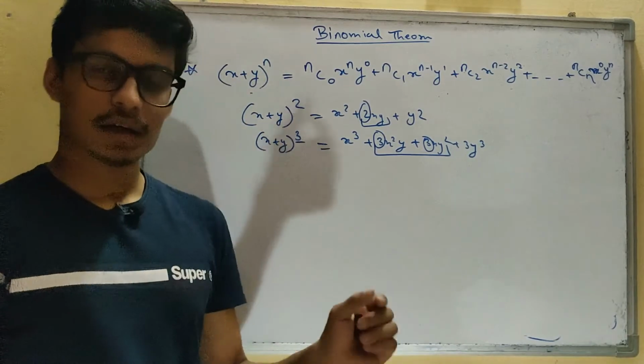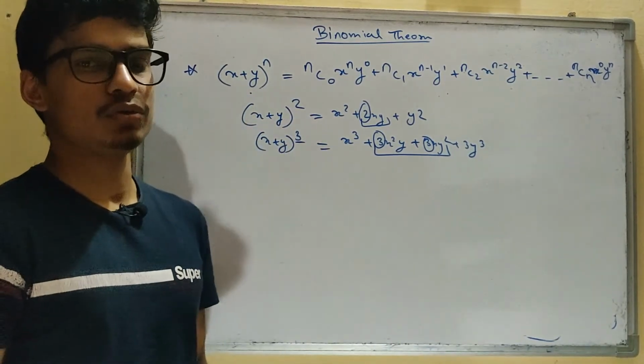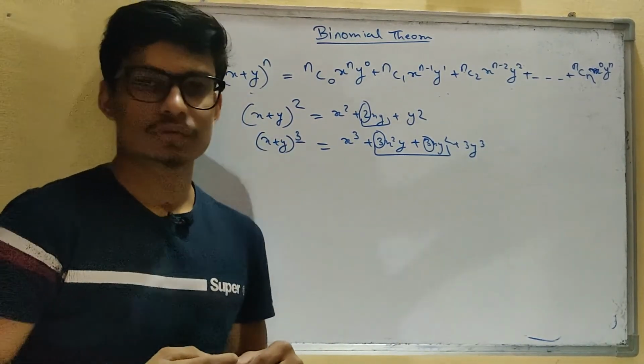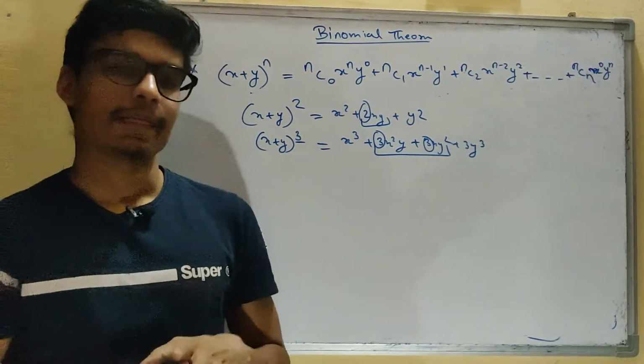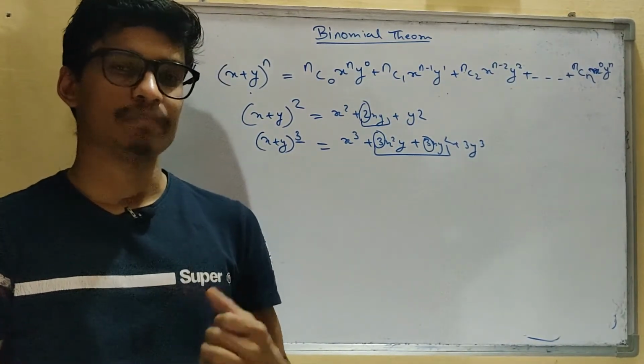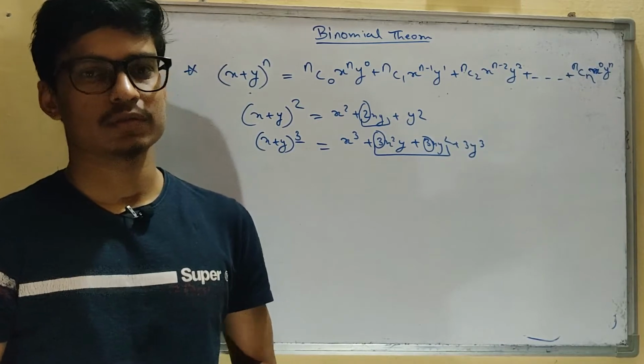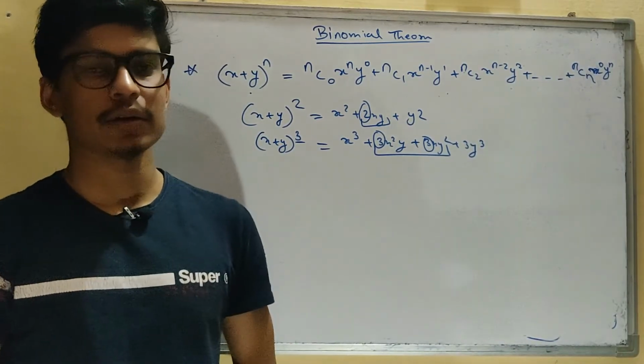So if they indirectly ask you to calculate the term, or they ask you to find the maximum coefficient in the expansion of something, then you have to basically calculate the middle term.